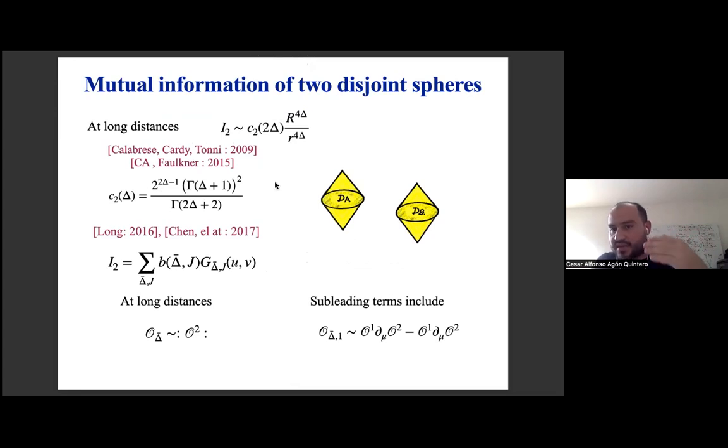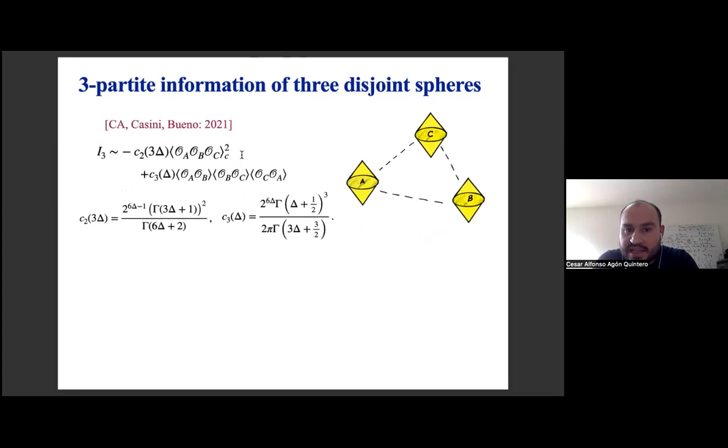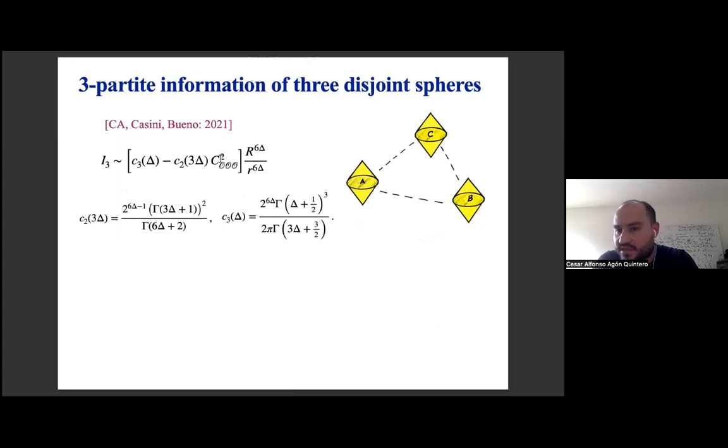Of course, if you keep the next term, then you will learn more about the other operators in my theory. But you might get entangled with other operators that come from the replicas, like taking derivatives and so on. Now, already the leading term in the tri-partite information is telling us some dynamical information. For instance, it is telling you the OPE coefficient.